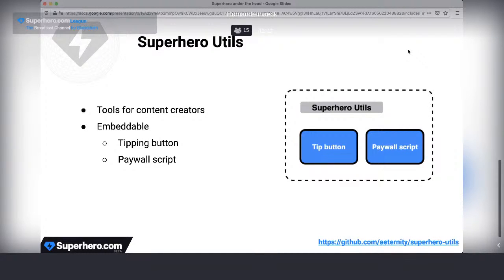The paywall script, on the other hand, allows a content creator to embed this script in their piece of content, in their website or blog or whatever it is, and set up a minimum amount of crypto, of Eternity tokens that has to be sent using the tipping protocol in order for unlocking the content.